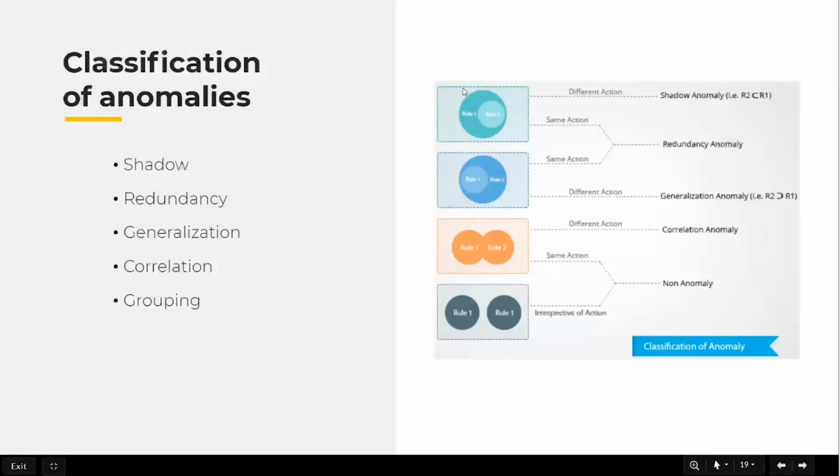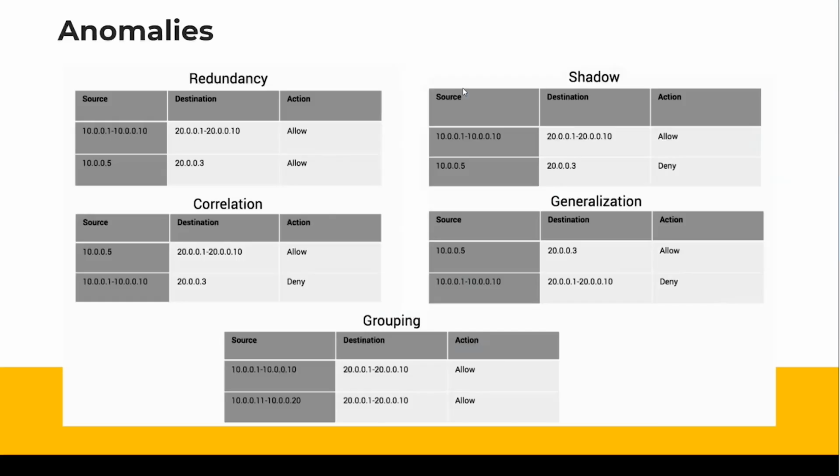Firewall Analyzer identifies the following rule anomalies: shadow, redundancy, generalization, correlation, and grouping. In this slide, we have given detailed examples of all anomalies detected by Firewall Analyzer. Now let us look at how we can optimize using Firewall Analyzer from the product UI.